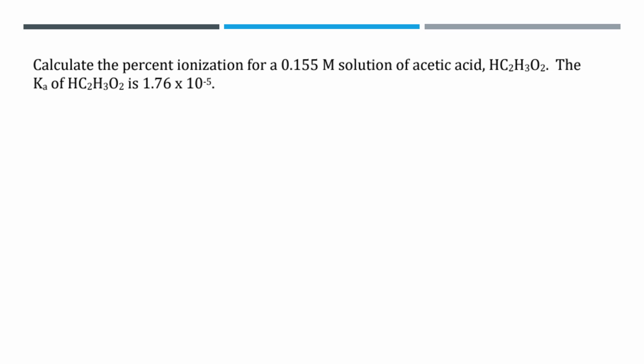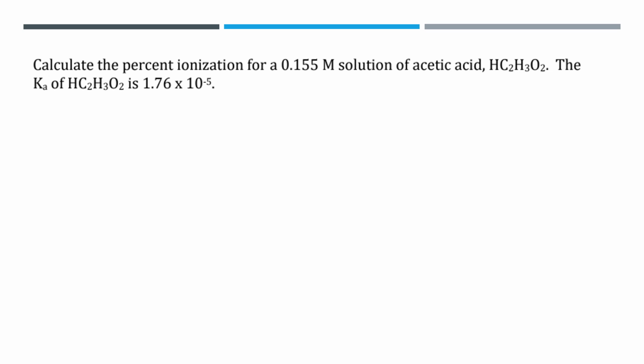So calculate the percent ionization of a 0.155 molar solution of acetic acid, HC2H3O2. The Ka of this is 7.6 times 10 to the negative 5. So what we need to do first is recognize that we need to find the concentration of the hydronium ion at equilibrium.